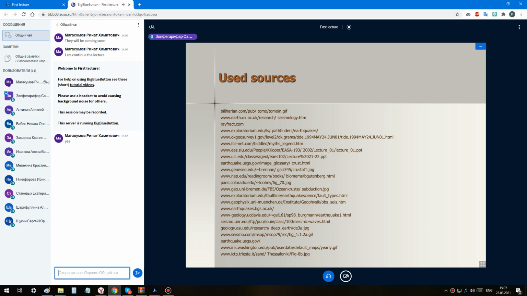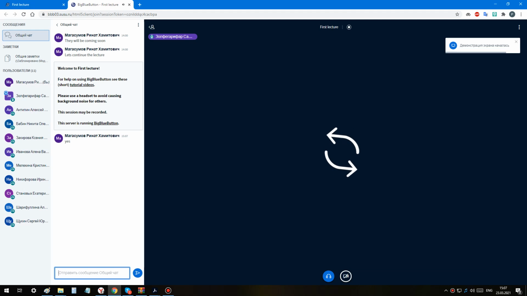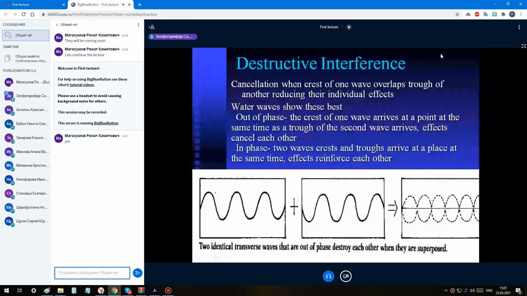Okay, the destructive interference. The combination of two waves gives cancellation. When the crest of one wave overlaps the trough of another, their individual effects are reduced, giving cancellation.